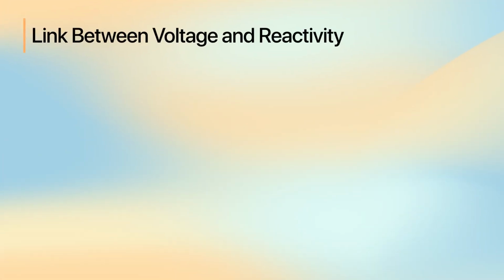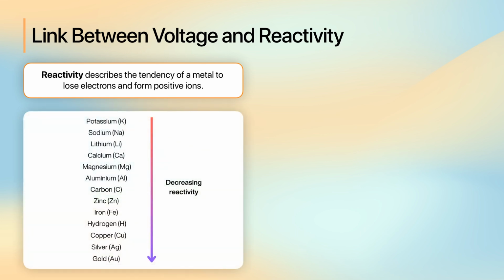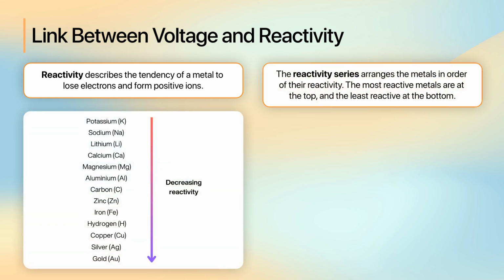In today's lesson, we delved into the relationship between the voltage produced by a chemical cell and the reactivity of the metals used in its electrodes. We explored the concept of metal reactivity, understanding that metals vary in their tendency to lose electrons and form positive ions.